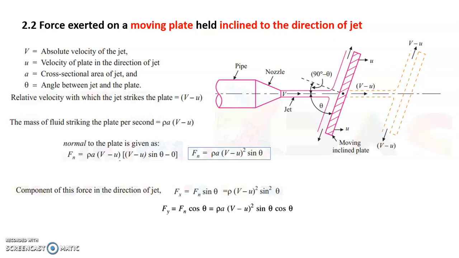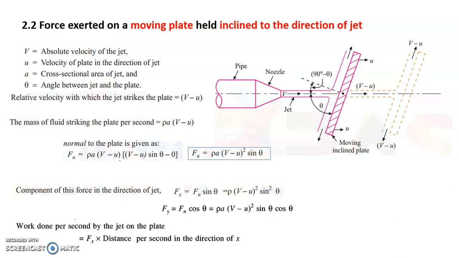Now similarly, we can also calculate Fy. Fy is Fn cos theta, or Fn sine of 90 minus theta. So that is rho into a into (v minus u) whole square sine theta into cos theta. Just by picking Fx, you can also calculate work done per second, and work done per second is Fx into u, where u is the distance per second.